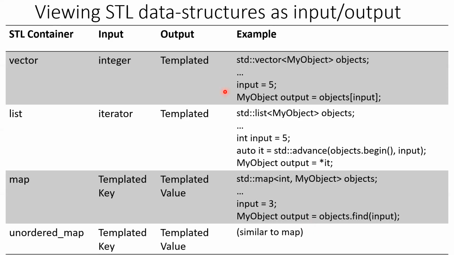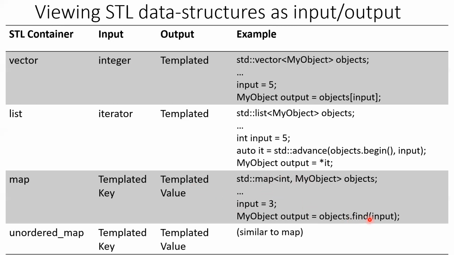And let's look at the data structures that we have. For a vector, we can access the objects by using the square bracket. For a list, we're accessing any object by bound, which means from the beginning, we advance by the input steps and obtain the iterator.